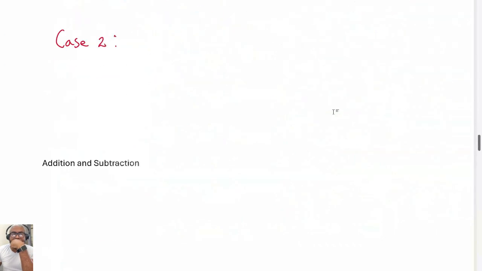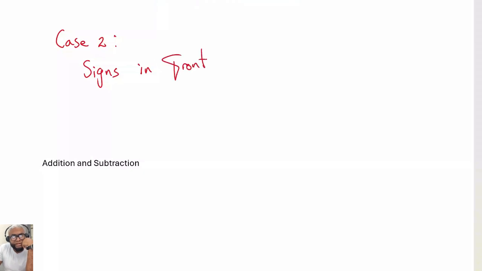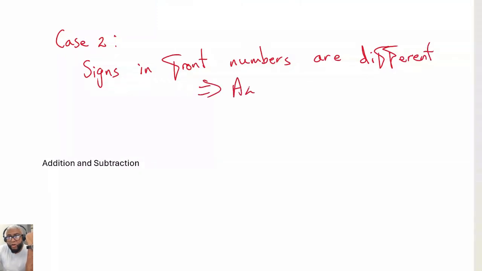Okay, so if the signs in front of the numbers are different, this implies we always subtract, right? Always subtract. You could have guessed that. If the sign in front of the two numbers was different, you could have guessed you had to subtract, right?